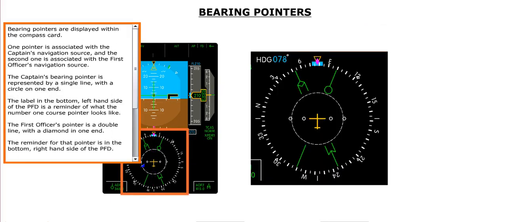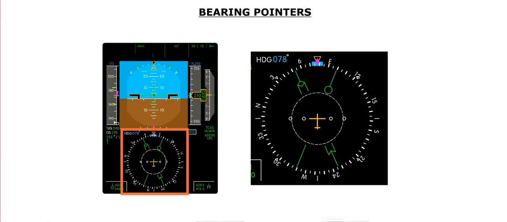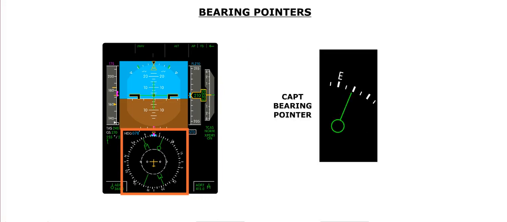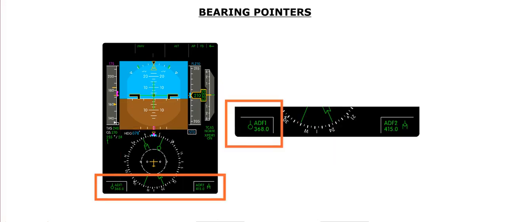Bearing pointers are displayed within the compass card. One pointer is associated with the captain's navigation source, and the second one is associated with the first officer's navigation source. The captain's bearing pointer is represented by a single line, with a circle on one end. The label in the bottom, left-hand side of the PFD is a reminder of what the number 1 course pointer looks like.